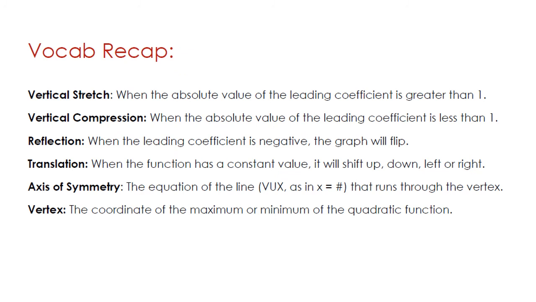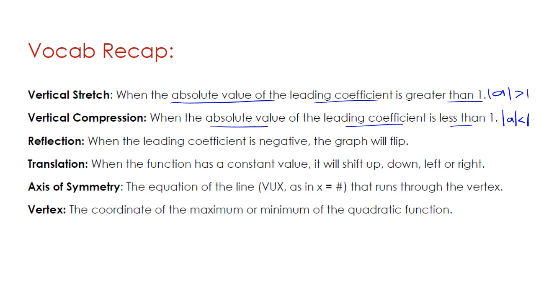Let's do one last summary. We will have vertical stretch when the absolute value of the leading coefficient is greater than 1. That's absolute value of A greater than 1. We will have a vertical compression when the absolute value of the leading coefficient is less than 1. Absolute value of A is less than 1.